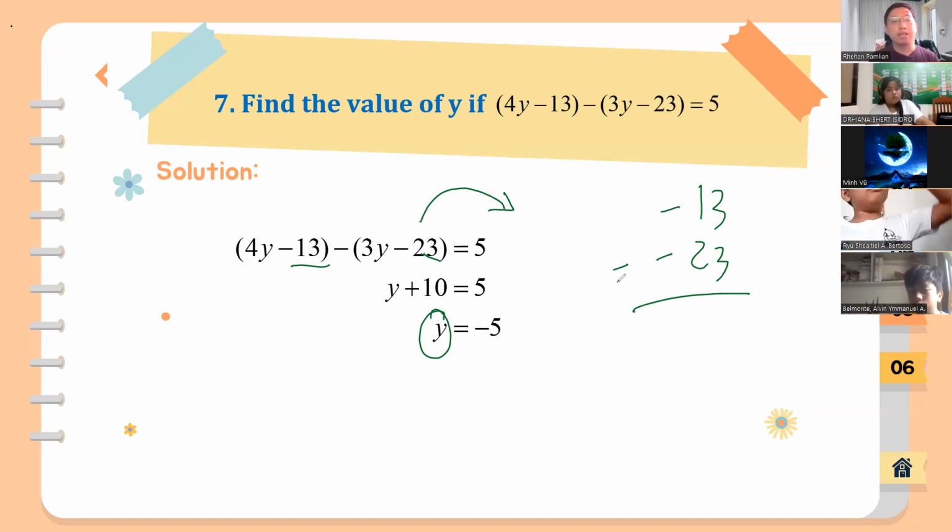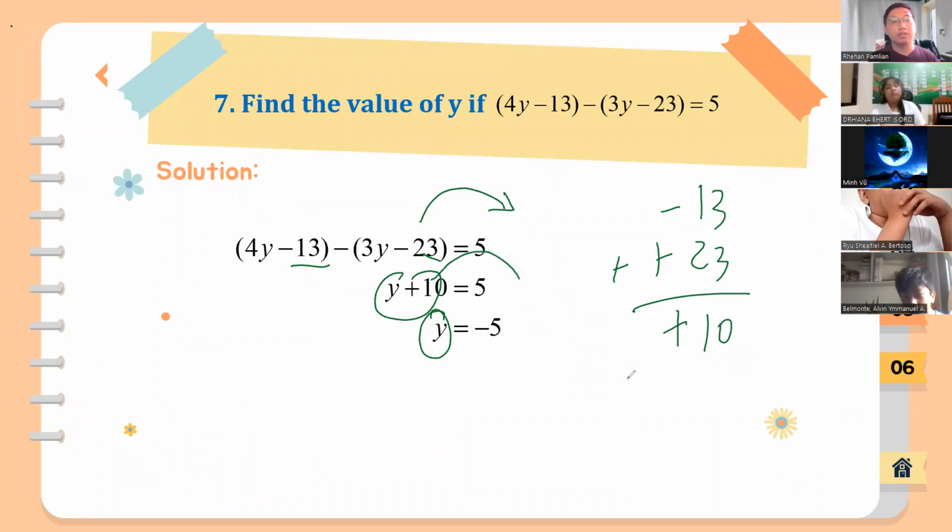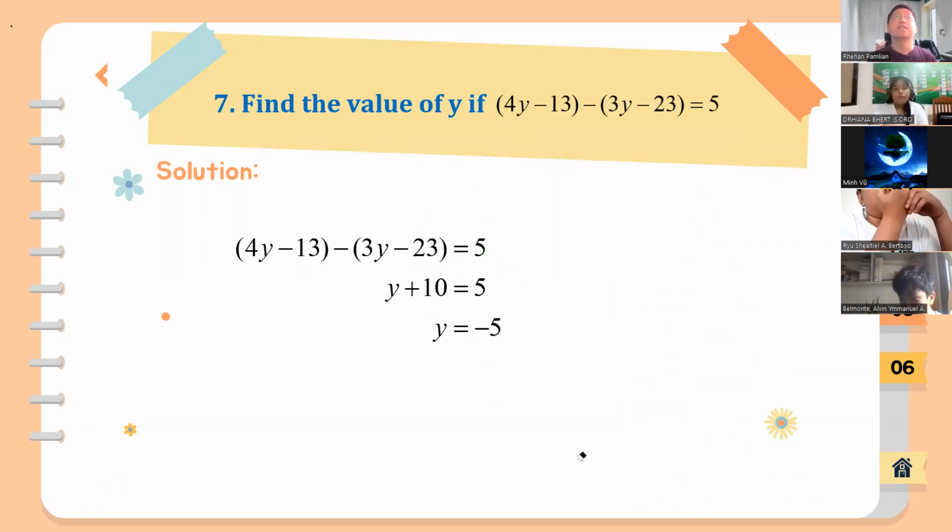So this becomes plus, and then I think that's 10. So that's why it's plus 10. Okay. So y plus 10 is equal to 5. And then since you're transposing 10 to the other side, that becomes 5 minus 10, which is equal to negative 5. So you're left with this final equation, y is equal to negative 5. So that's the answer, negative 5.